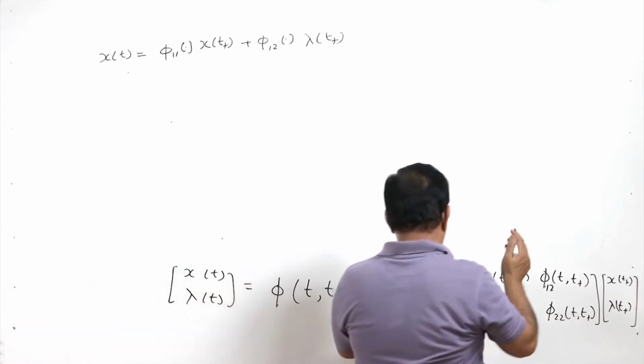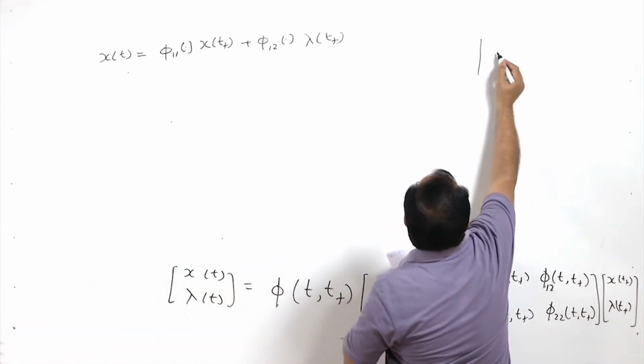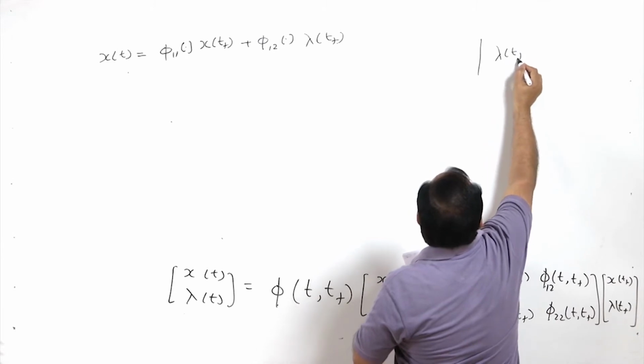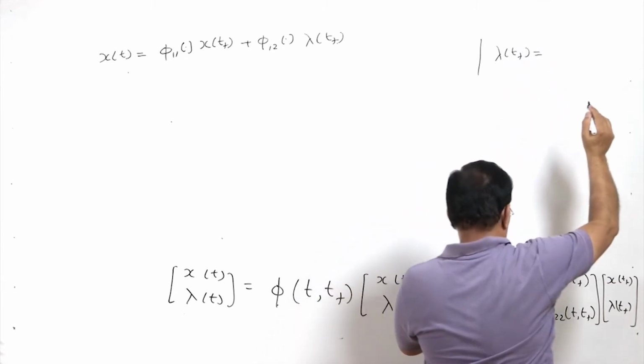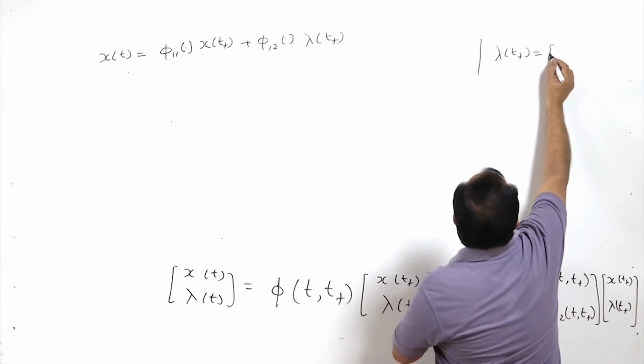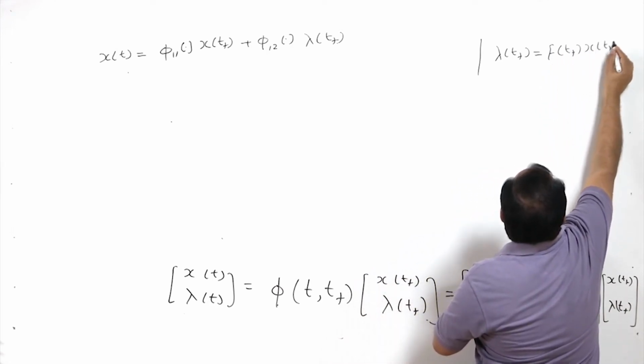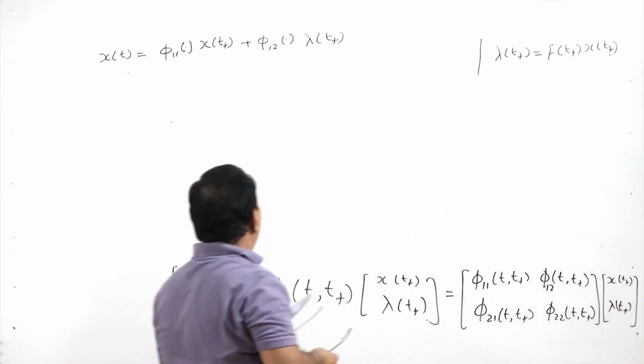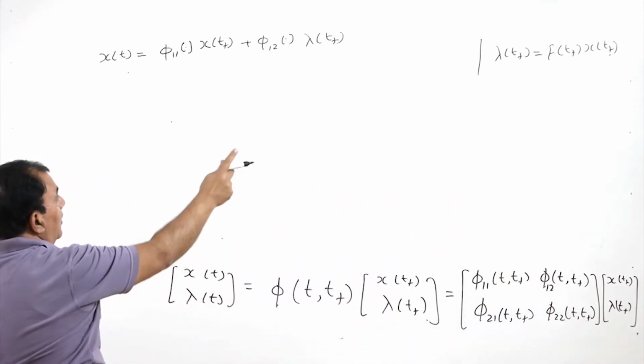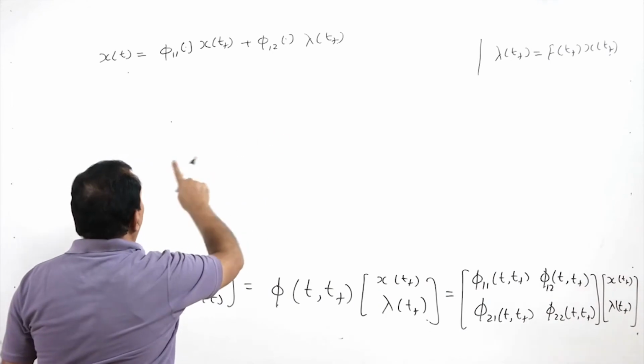And what I have, lambda(t_f) is f of t_f x of t_f. So, I will replace lambda(t_f) by this.